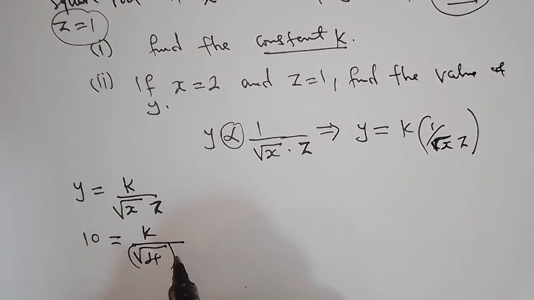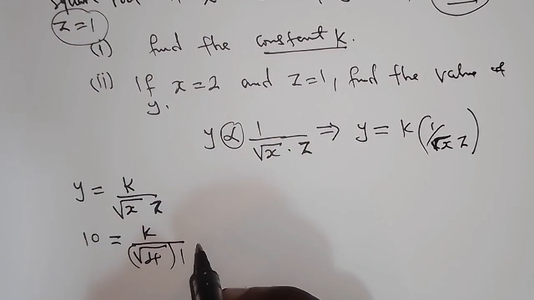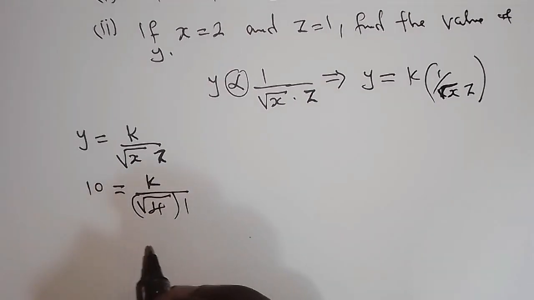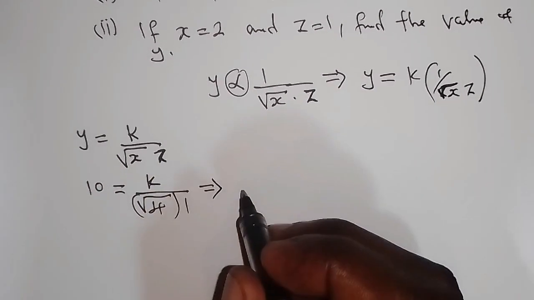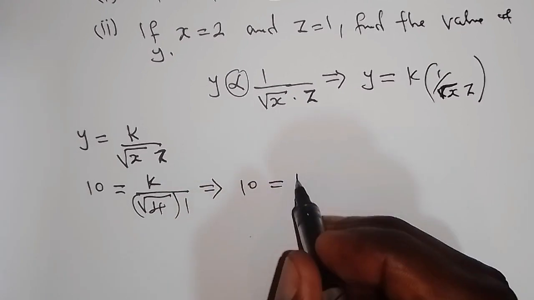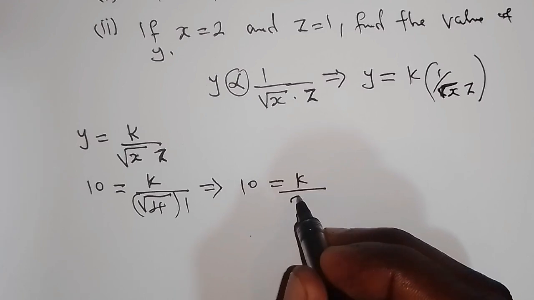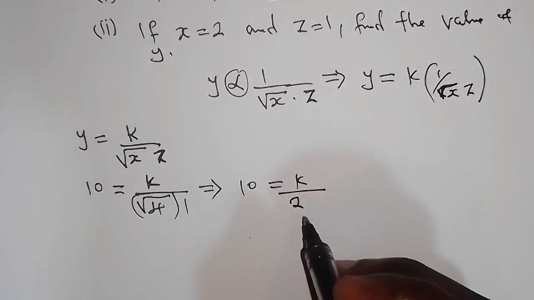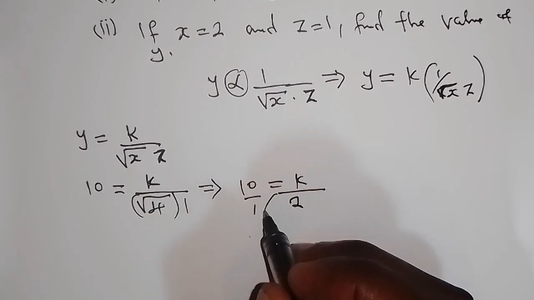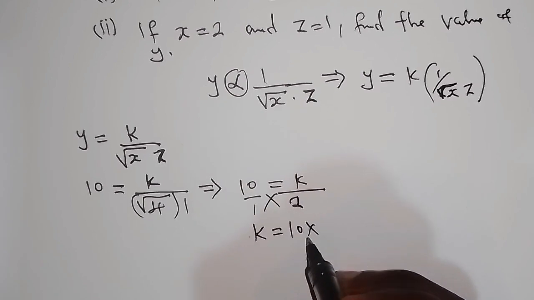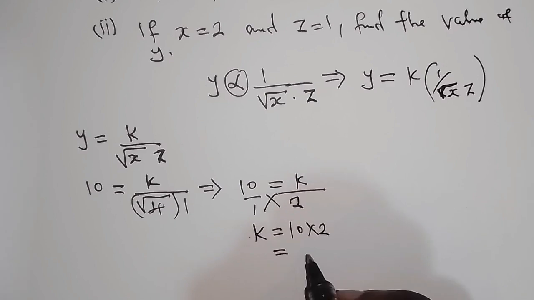So 10 equals k over the root of 4, which is just 2, multiplied by 1, which is just 2. Then we cross multiply. So this is just 10 multiplied by 2. This will give you 20. Okay, that's the value of k.